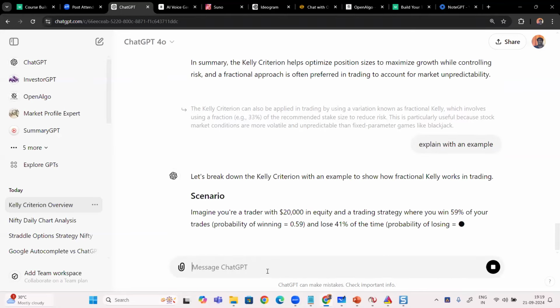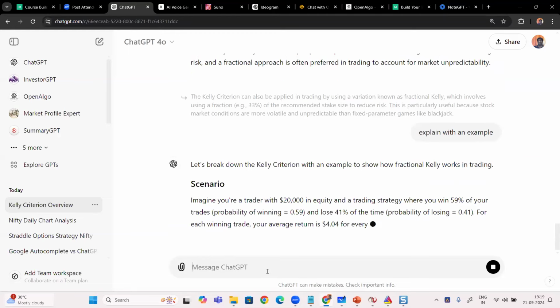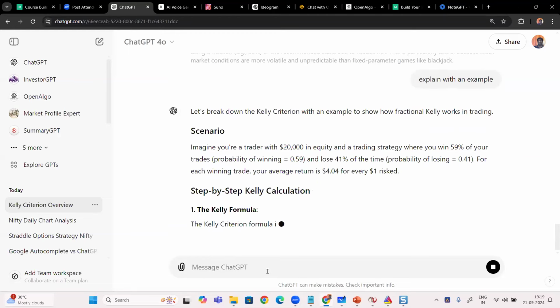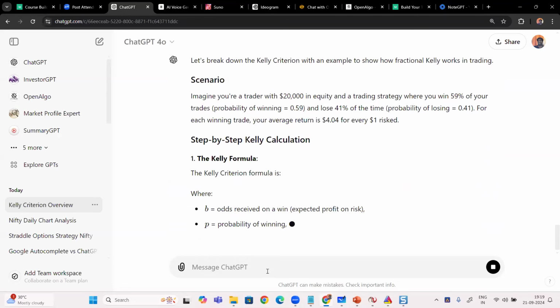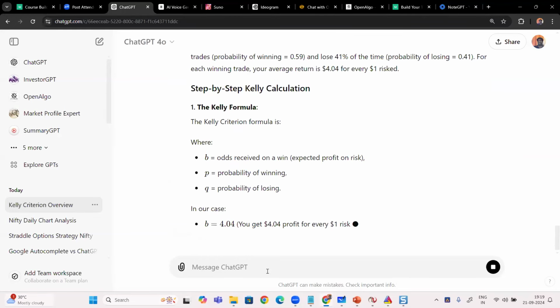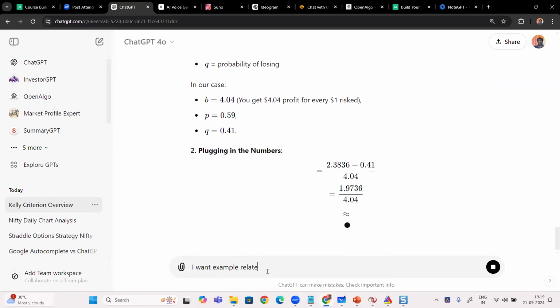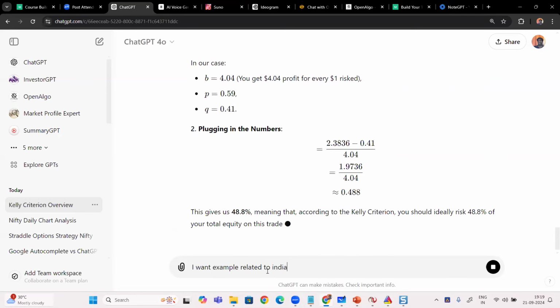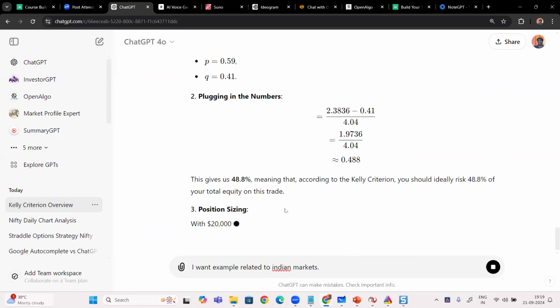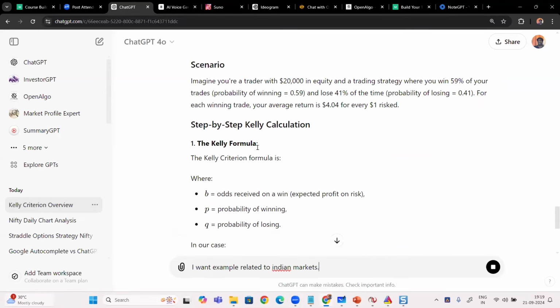So now it comes up with an explanation. It is coming in with a dollar-based example. Maybe I'm not comfortable with a dollar-based example. I want more of an Indianized example. So then you can say, I want an example related to Indian markets. You see that it's coming up with some certain numbers.